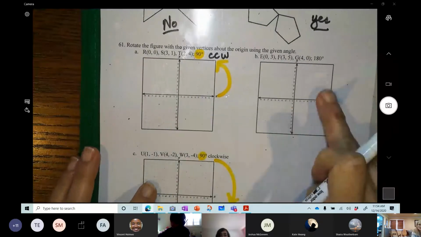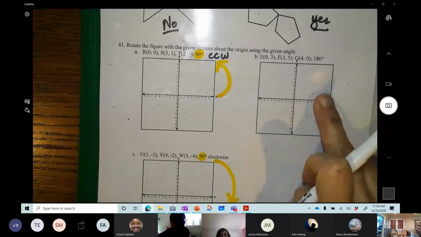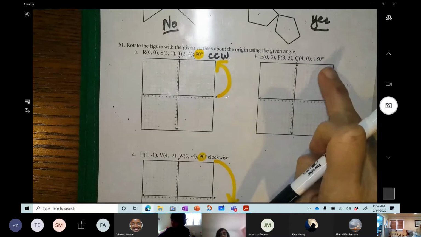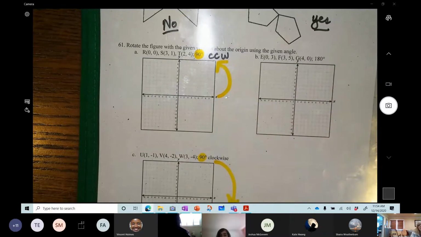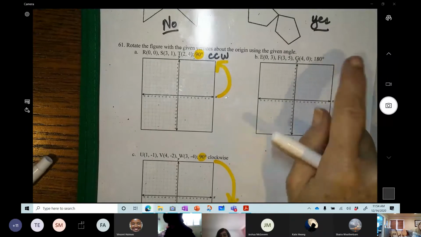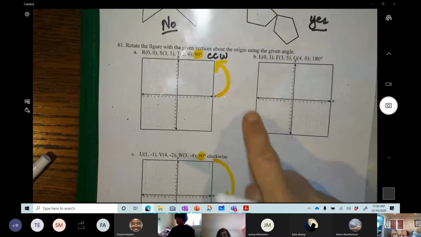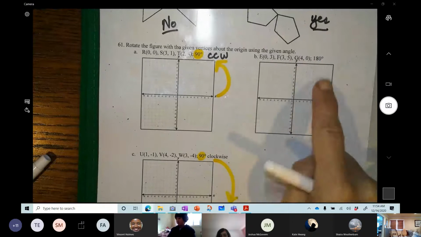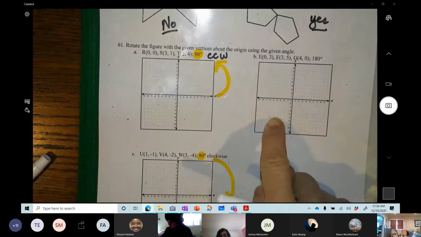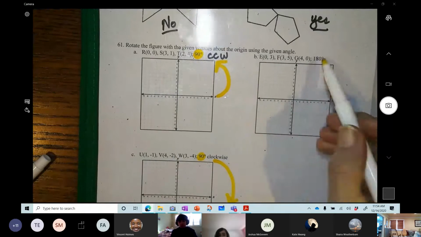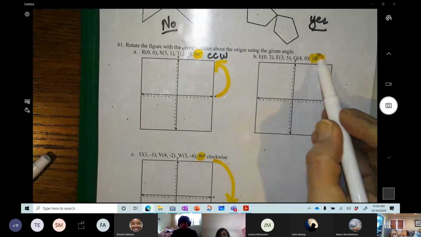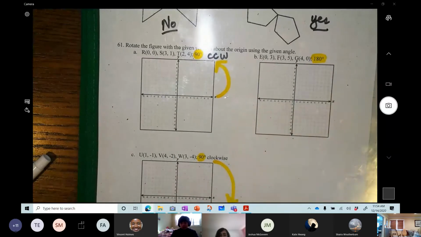Again, this one is also 180, but when you do 180, it doesn't matter whether it's clockwise or counterclockwise, because no matter which way you go, you're going to end up two quadrants over. So if you start here, you'll end up here counterclockwise. And if you start here, you'll end up here clockwise. So that one doesn't really matter. They're both the same.